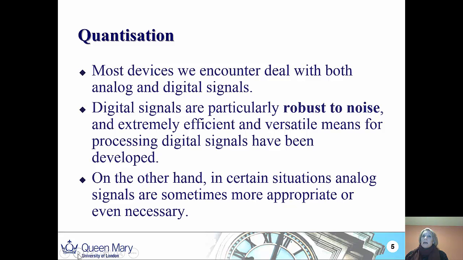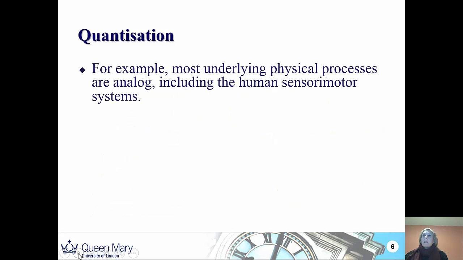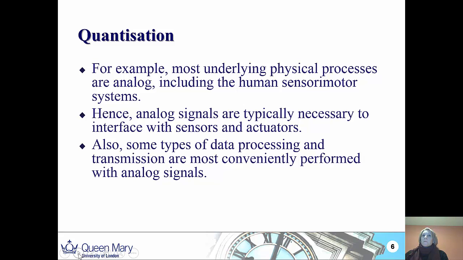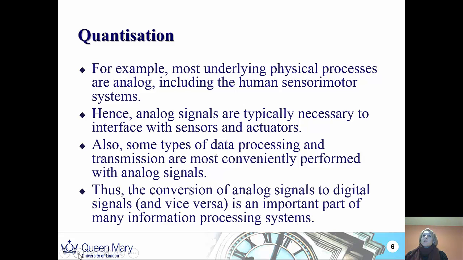But in certain situations, analog signals may be more appropriate or even essential, really. So, as I've mentioned, in the case of human sensors, for example, that infinite range of values is necessary to communicate the amount of information which may be needed. So this conversion between analog signals and digital signals is a very important part of our communication process systems.